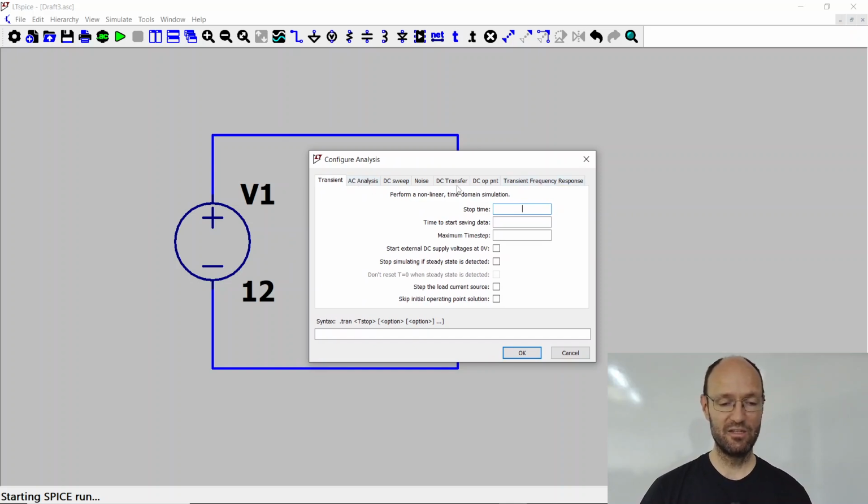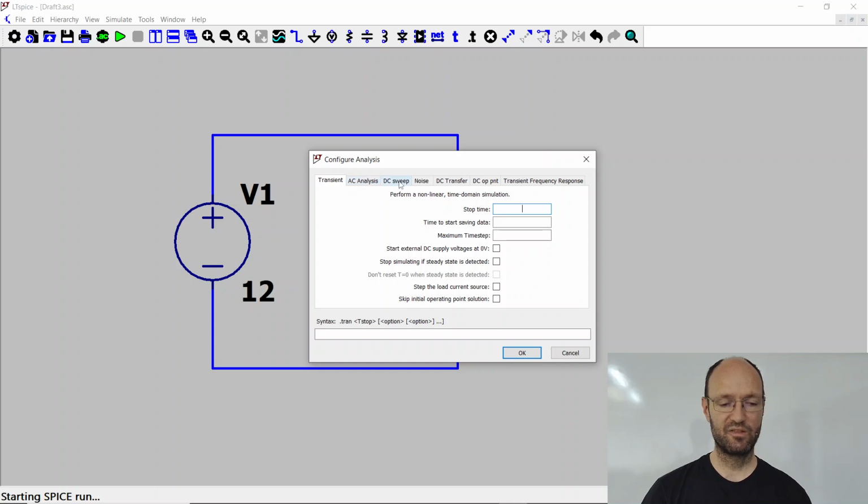As you can see, there are many options. We can do a transient analysis, which means an analysis in time domain. So we get the result as a function of time. This is what we will do later. AC analysis is really the stuff that you maybe do in the second semester of electrical engineering, calculating with complex phasors in the frequency domain.